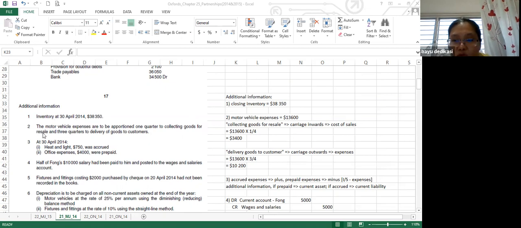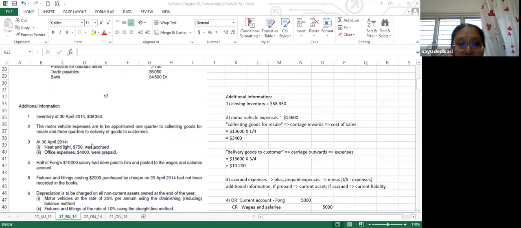And next, number 2 information, the motor vehicle expenses are to be apportioned 1 quarter to collecting goods for resales and 3 quarter to deliver goods to customer. The wording used in here, collecting goods for resales, is trying to tell you that this is carriage inward.